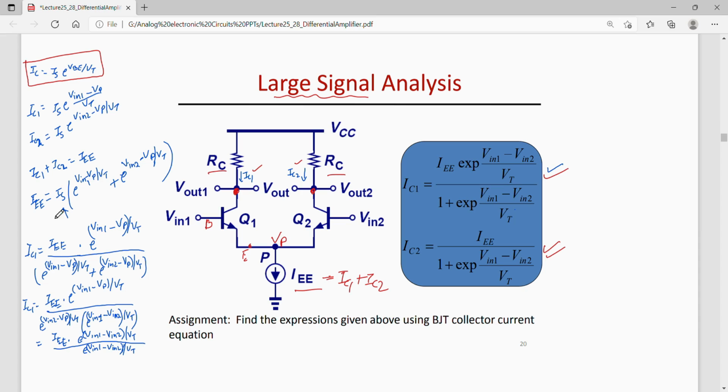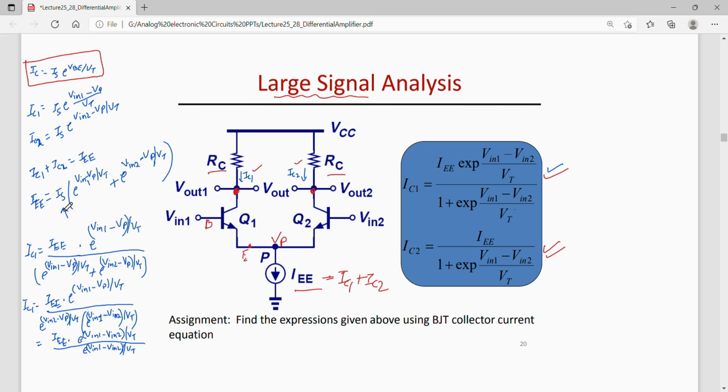So IEE we have this much: Is times e to the power Vin1 minus Vp by Vt plus e to the power Vin2 minus Vp by Vt. So from here I can find out Is. Is is IEE divided by this term.